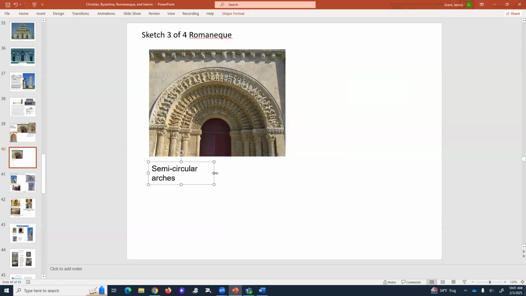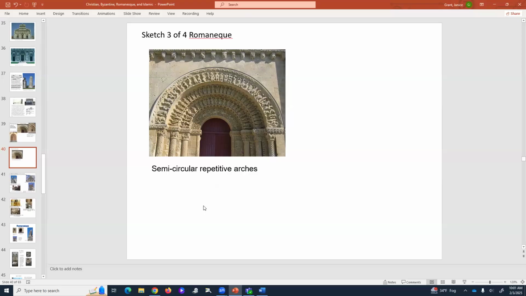So they're semicircular, repetitive arches. That's one thing that came from Romanesque architecture. We'll see it when there's a revival as well.